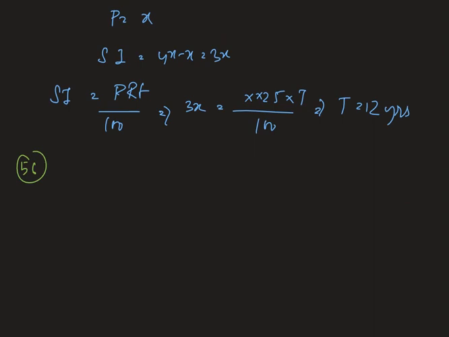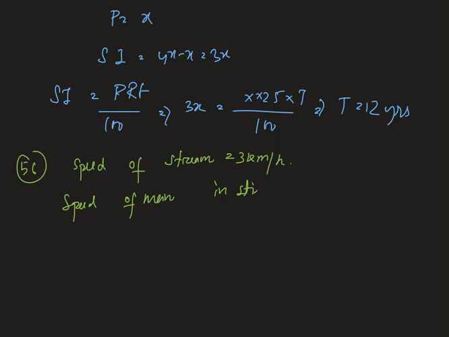Now, given by the question, the speed of stream is 3 km per hour and the speed of man in still water is 5 km per hour.